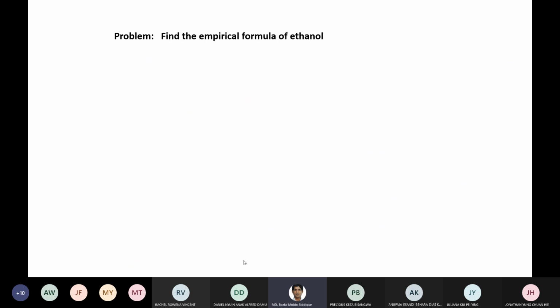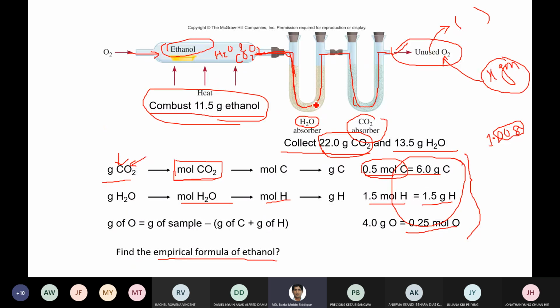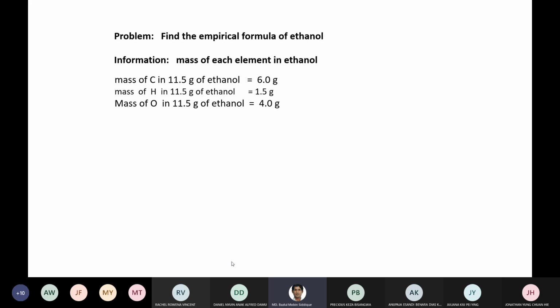For the empirical formula, we do not have to do all those steps, because most of the time it will be given how many grams of hydrogen and oxygen and so on are present. Here it is given that in 11.5 gram of ethanol, there are 6 gram of carbon, 1.5 gram of hydrogen, and 4 gram of oxygen. So we have to convert it back to the number of moles.